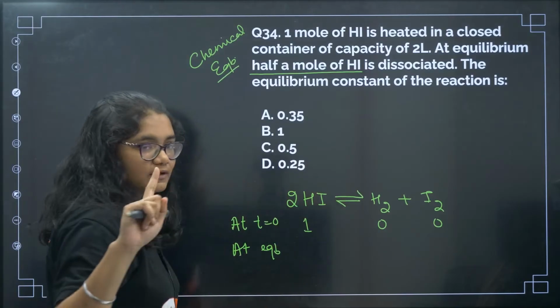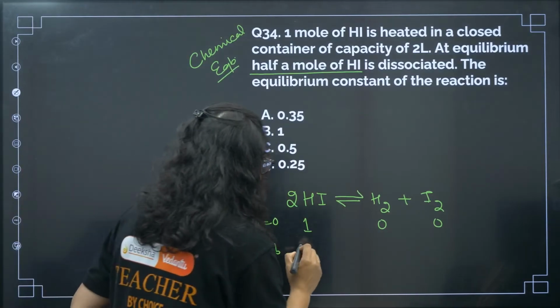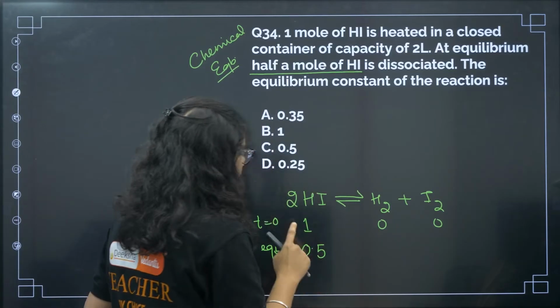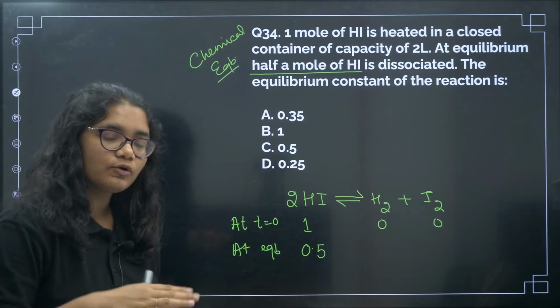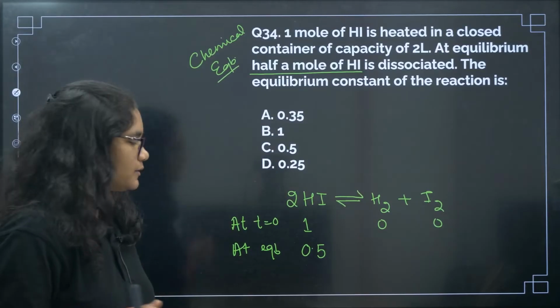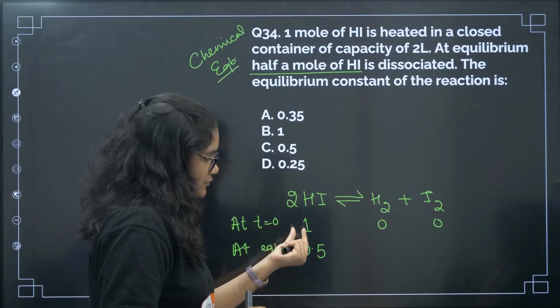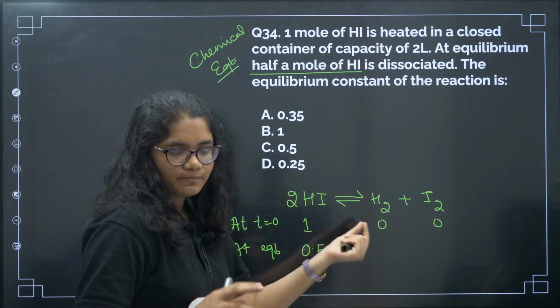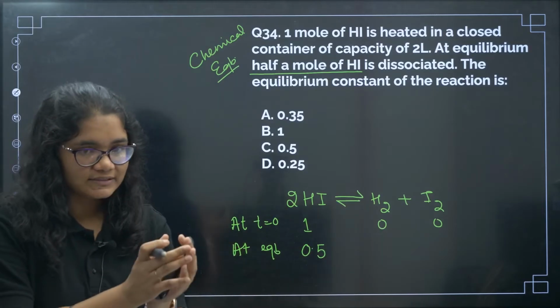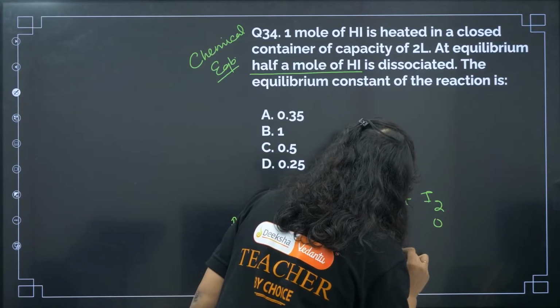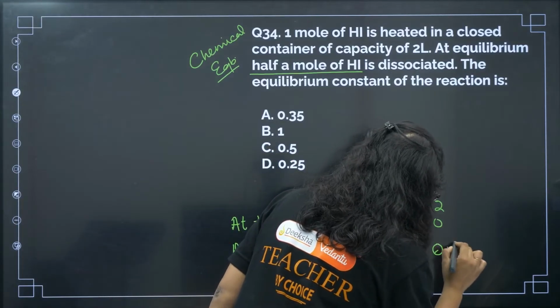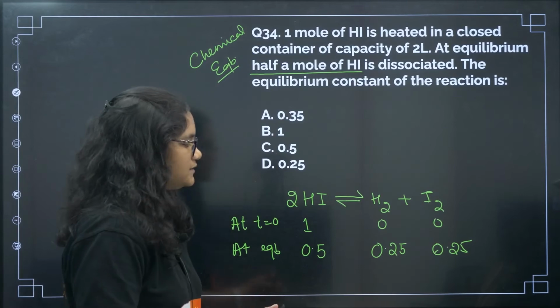So 1 mole was there, half got dissociated, so half remains. Now 2 moles of HI give 1 mole of H2. So if 0.5 mole has dissociated, half of 0.5 mole is 0.25, and here it is 0.25. I hope this is clear.